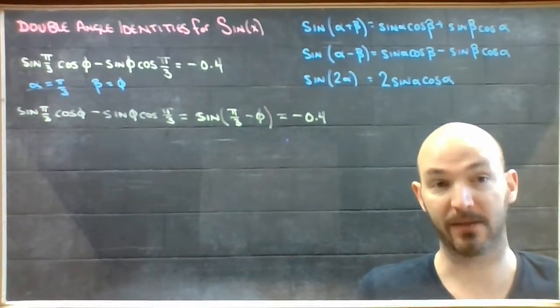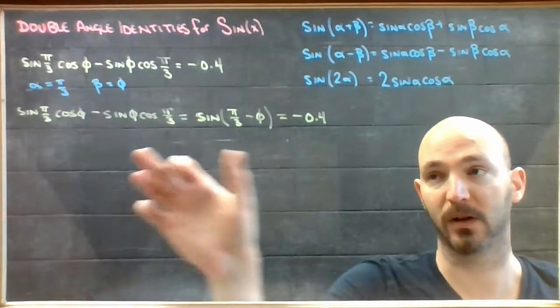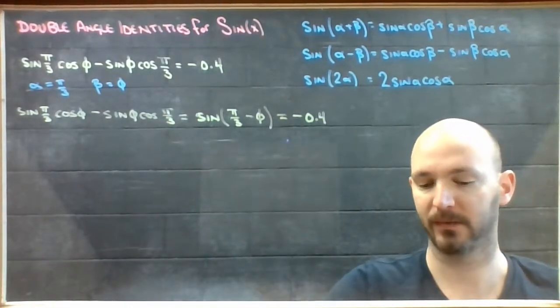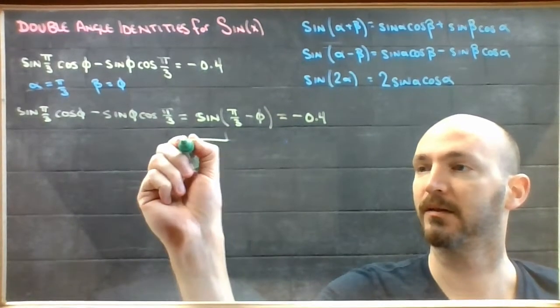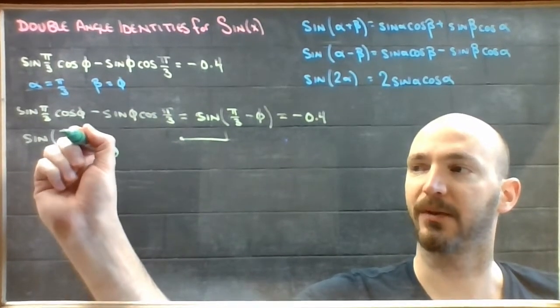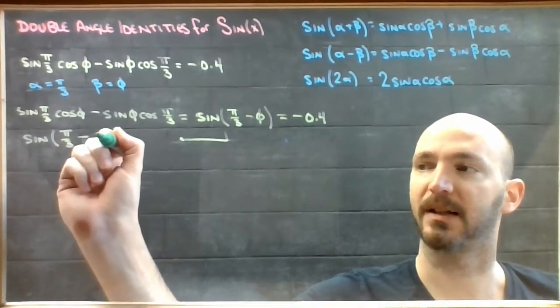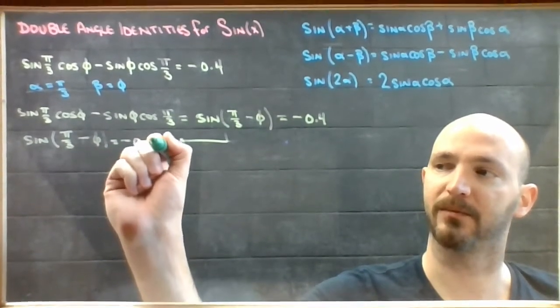So what have I accomplished here? Well, I don't need this anymore. I can just work on that. Sine of pi over 3 minus phi equals negative 0.4.